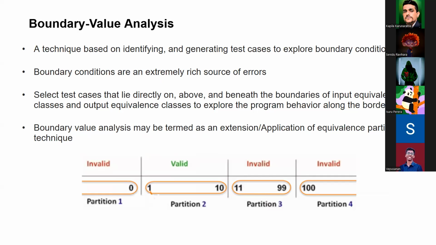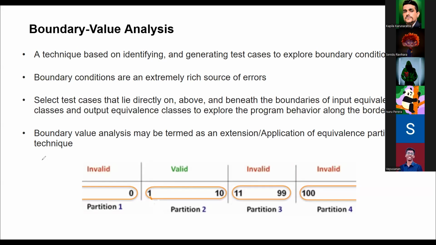We have two boundaries. In the ideal scenario, to cover these boundaries, you would need 0 to 120 test cases. But if there are boundaries in your requirement, boundary value analysis says that rather than writing 0 to 120, you can write three test cases for each boundary.